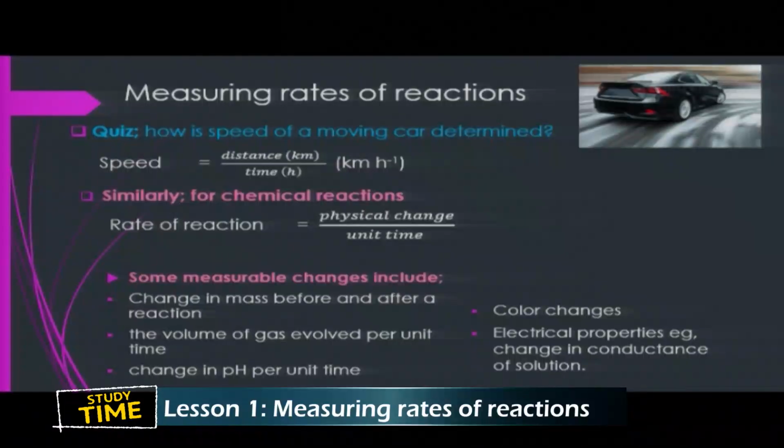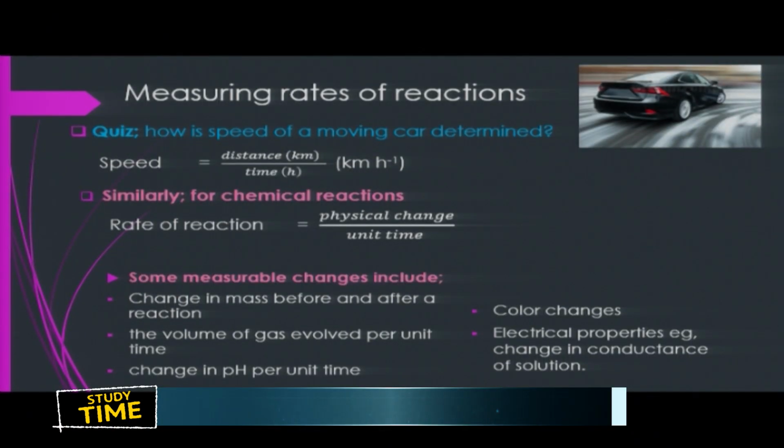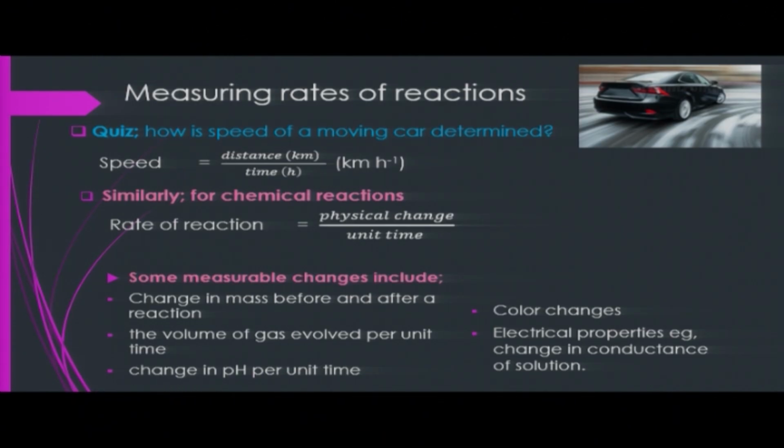Are there other measurable physical quantities that you would follow? Look even at the electrical properties. Change in conductivity, the conductance of a solution, depending on the ions present in solution, if they are being removed, then the conductivity is changing. In that way, you can notice that the reaction is occurring.